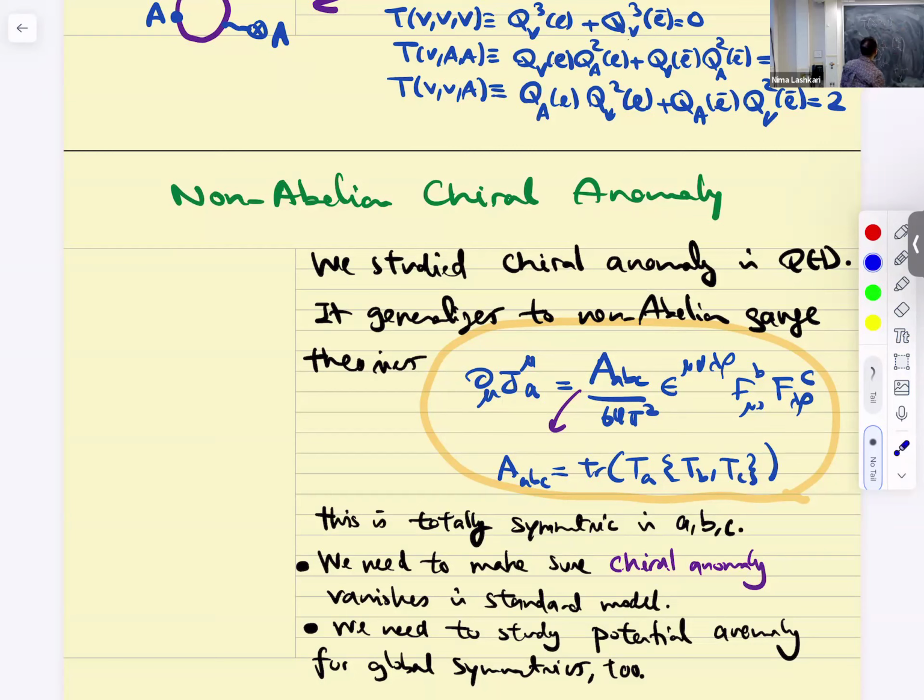Now, the first thing that you notice is that this coefficient is proportional to the symmetric trace, this guy. This tells you that the anomaly is invariant under relabeling of ABC, permutations of ABC. So I don't care about the order, but I have to calculate all of them.